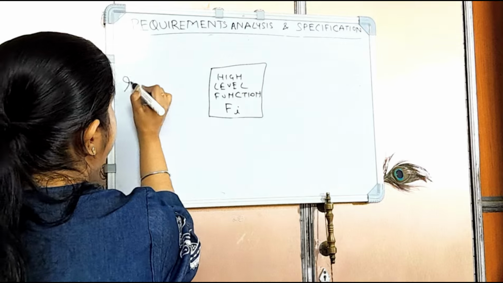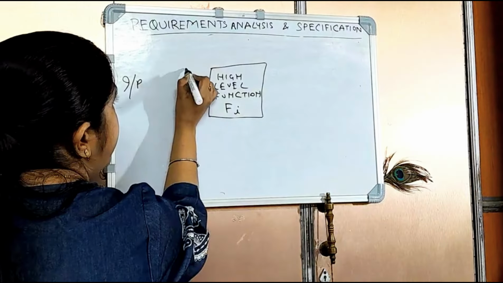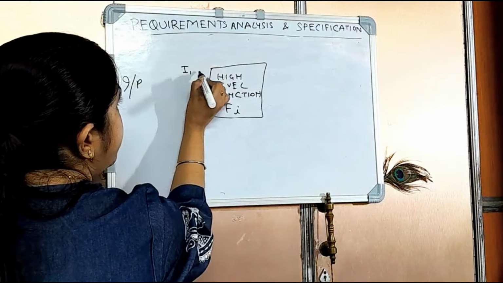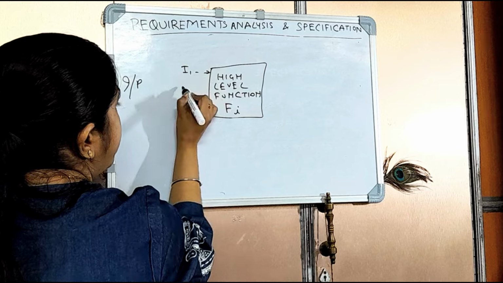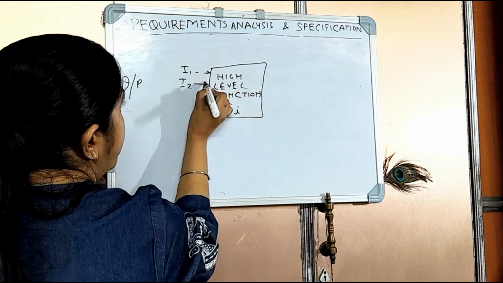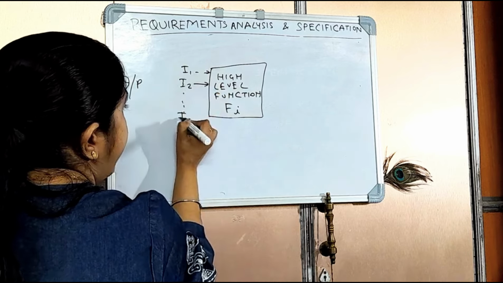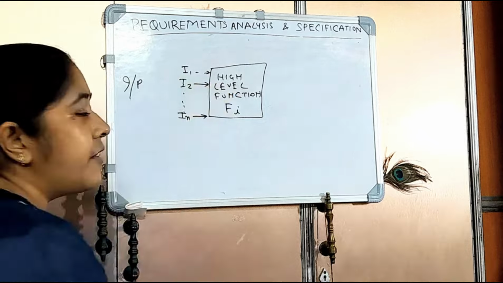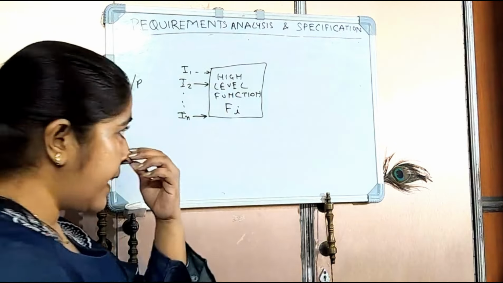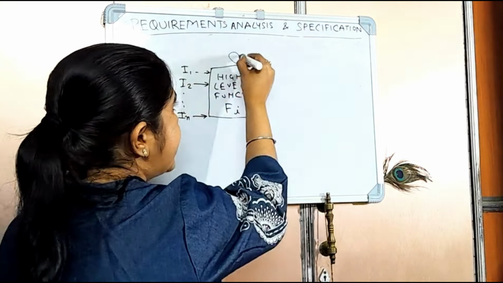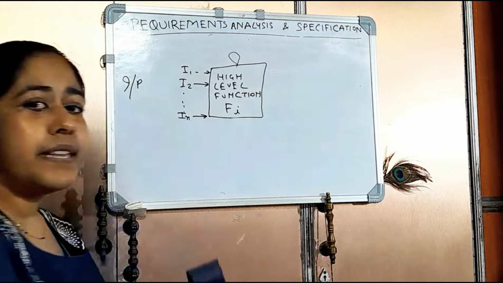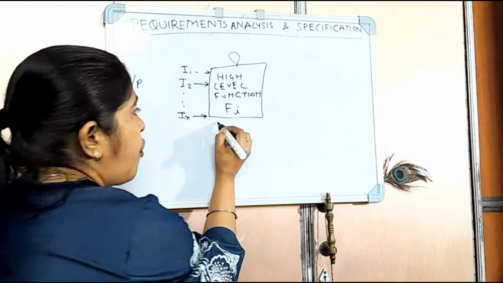Now what is going on? This is our input. Suppose I1, I2, like this, In. These are our inputs. Now what is happening in this high level function?